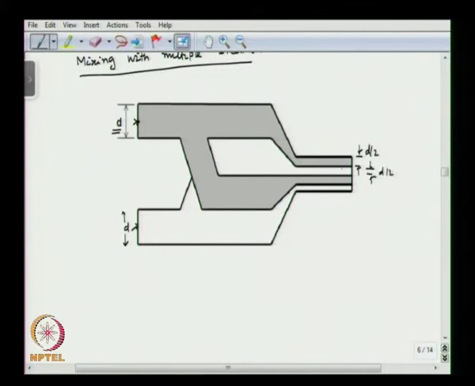As the mixing path length is reduced by half, the mixing performance will improve by 4 times. So, smaller width leads to faster mixing.